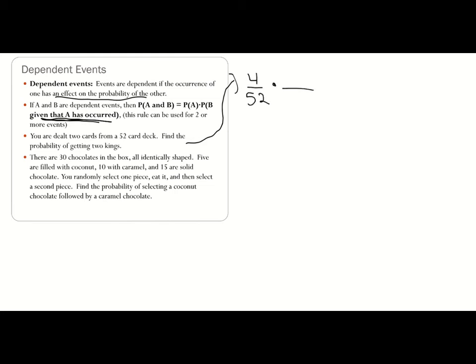Then the next time, for the top number, we're always going to assume that we got our king, so it would be 3 because there's 3 left. And now there's not 52 cards, but 51 left. When we multiply that, we get 12 over 2,652, or as a decimal, 0.00452.